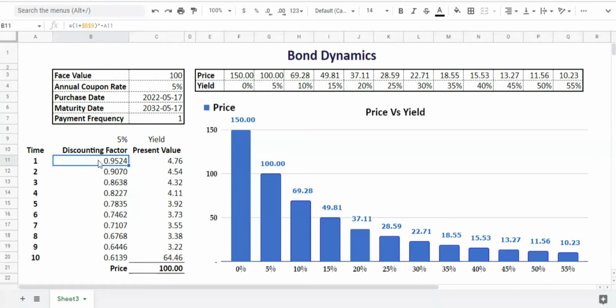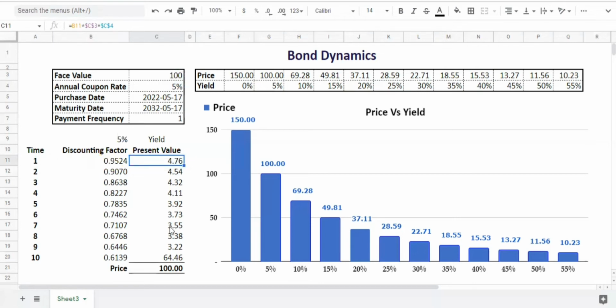Similarly for the second period, this is the discounting factor and the same yield applies. We have to multiply the face value by the coupon rate to get the coupon payment. In this example, 100 into 5% is what? Only 5. So the coupon payment is 5.